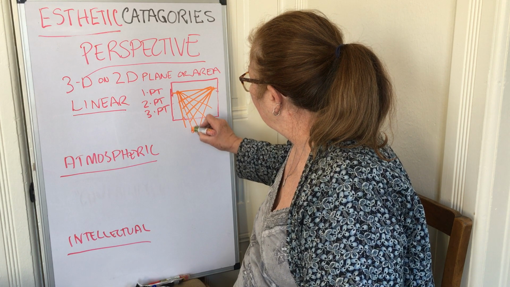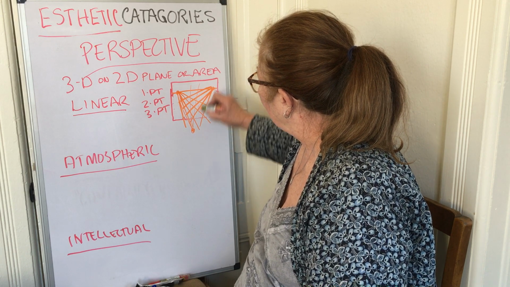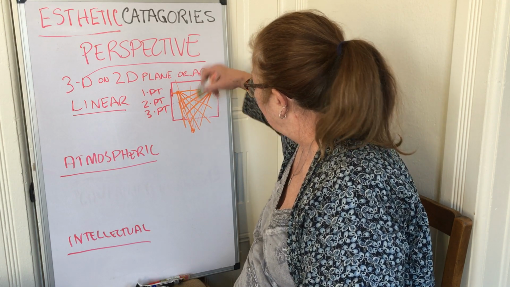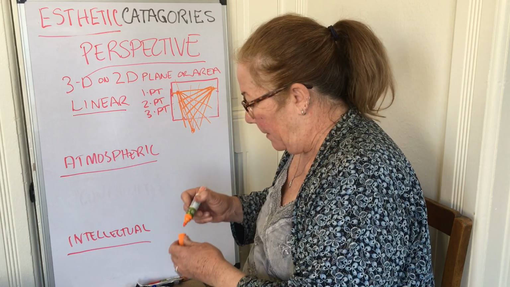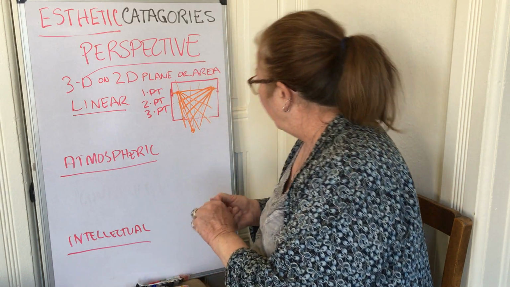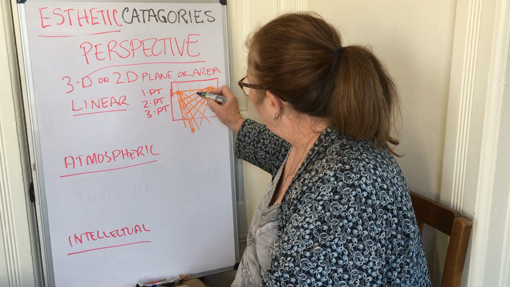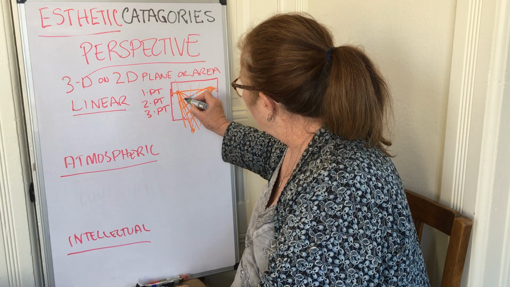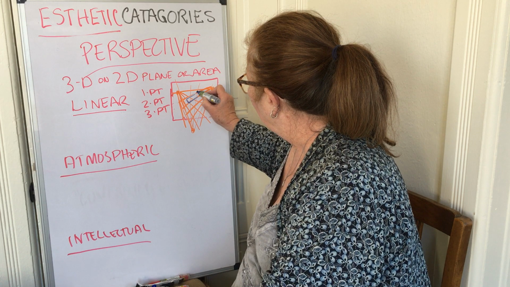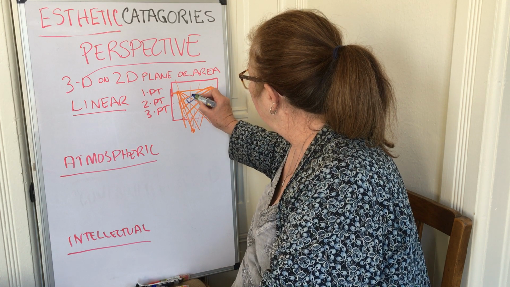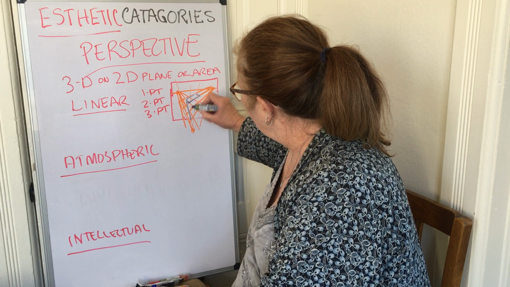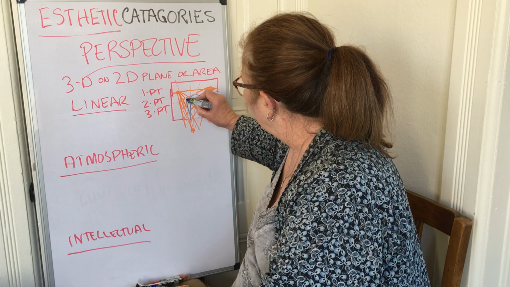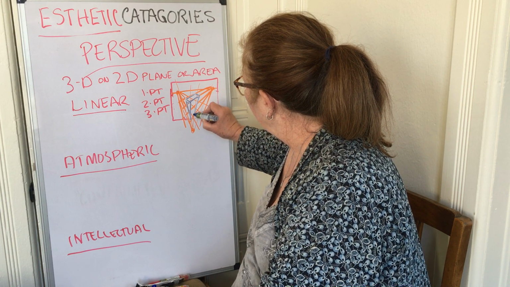Basically, you've got another set of lines coming up, or coming down, that you're using to describe this shape, this building or box or whatever it is. If I was looking down on it, it might have more of this kind of a look, using these lines as well.